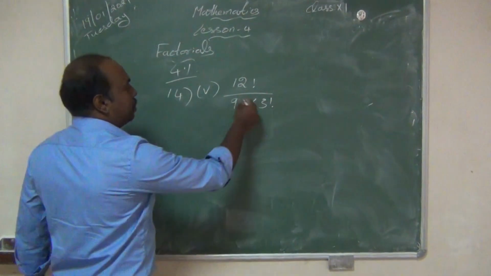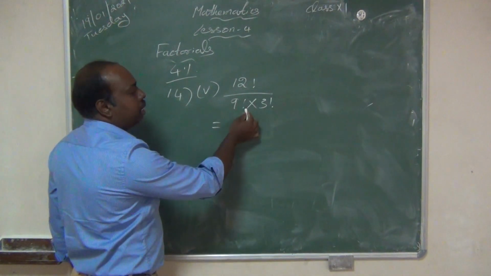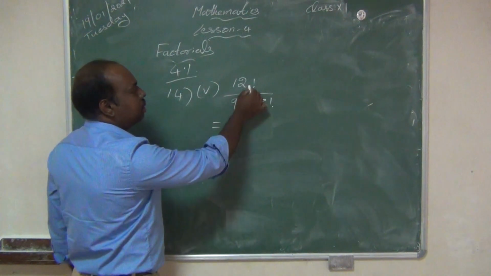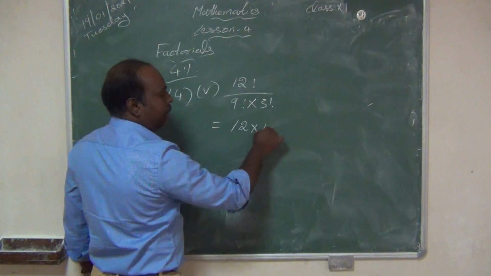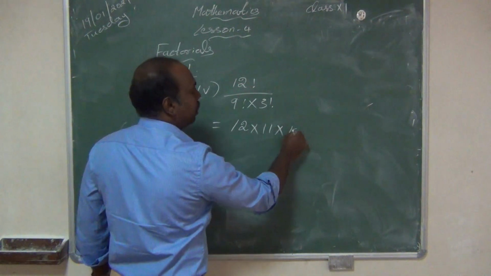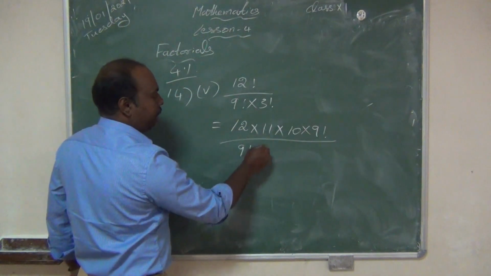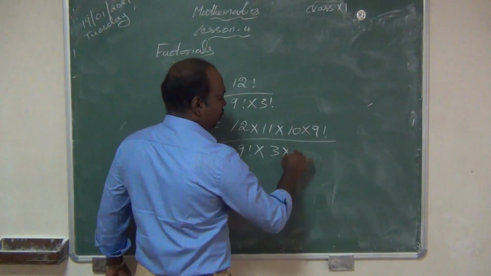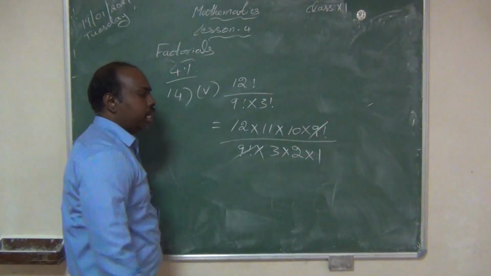So how will you solve this problem? In the denominator, what is the greatest number? 9 factorial, am I right? So 12 factorial can be written as 12 into 11 into 10 into 9 factorial divided by 9 factorial into 3 factorial, which can be written as 3 into 2 into 1. 9 factorial gets cancelled.